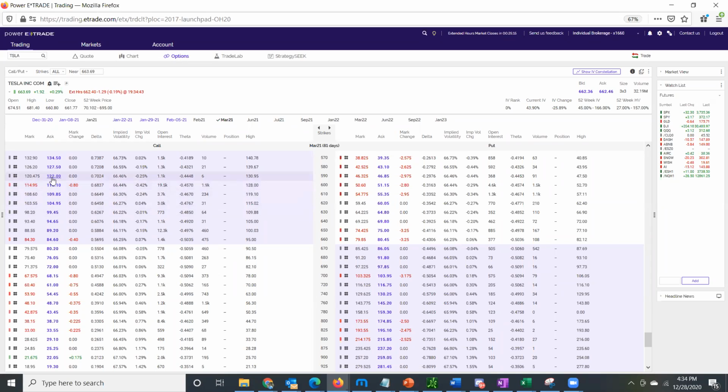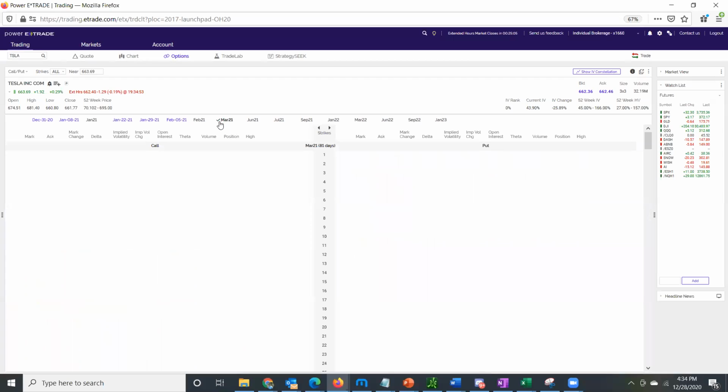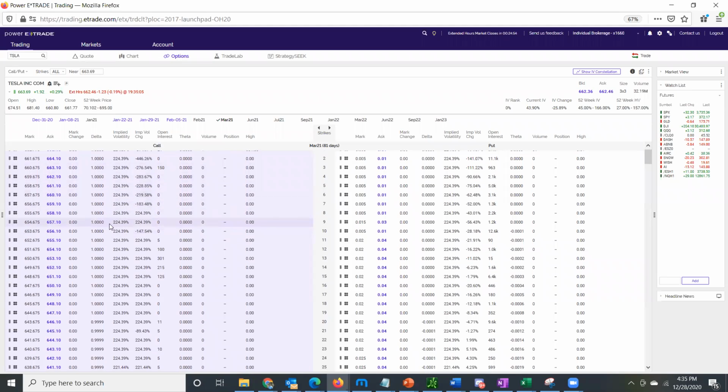RK asks, delta value will not change if the expiration is near? Yes, delta value will always change. Look at here. March 21, I was telling you about delta, right? So here is your delta. Where is the 0.7 here? Delta. This is 1.